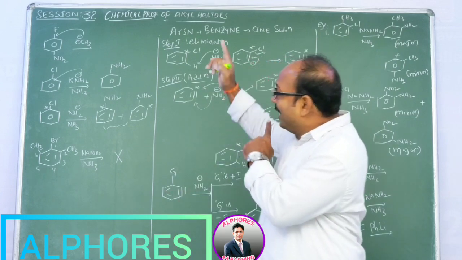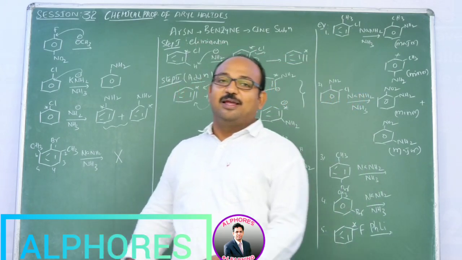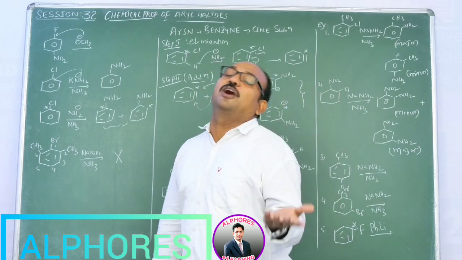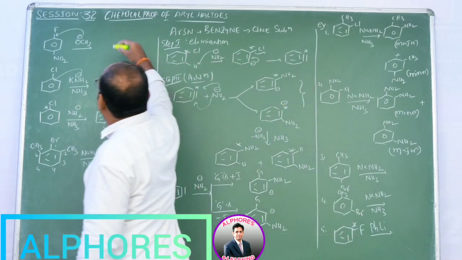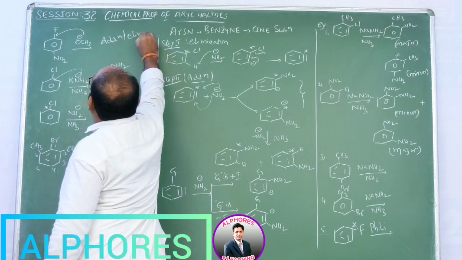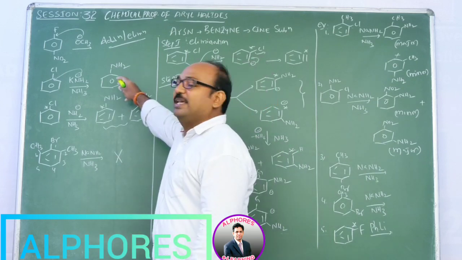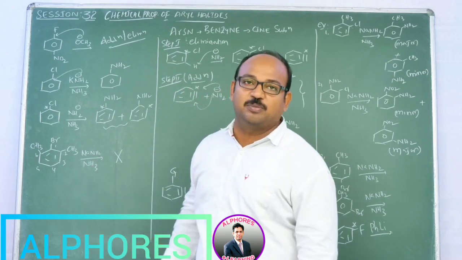So what we learned in the previous section, that is addition followed by elimination. This one, which mechanism does it proceed by? Addition followed by elimination mechanism. That mechanism is not going to take place with all these three remaining examples.